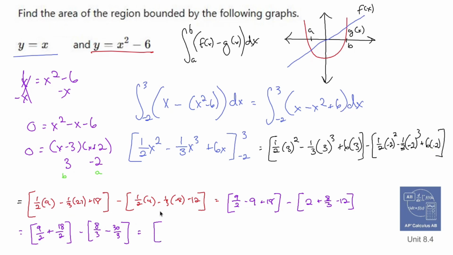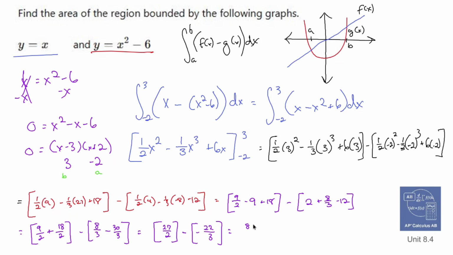That is going to be 27 over 2 minus negative 22 over 3, which is going to be, let me see, we have a double negative here, so I want to multiply the top and the bottom of this one by 3. 27 times 3 is 81.